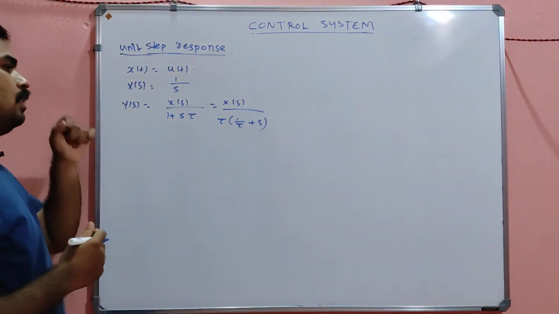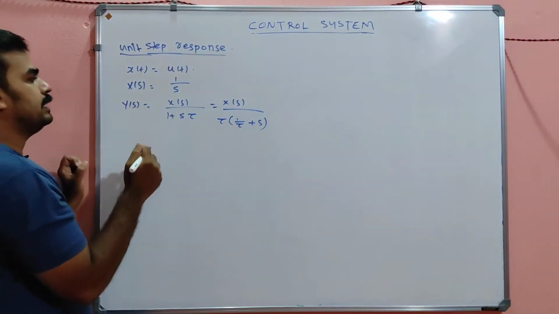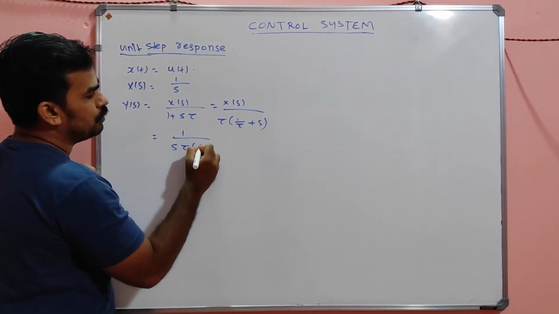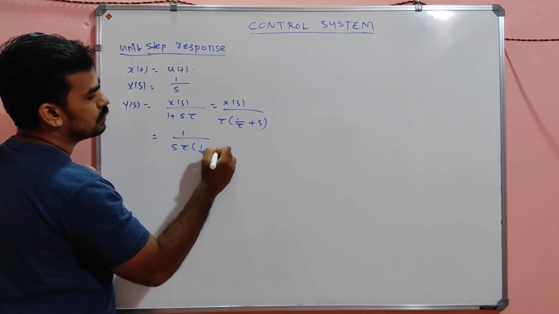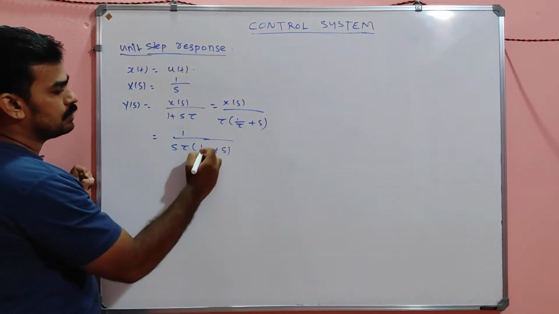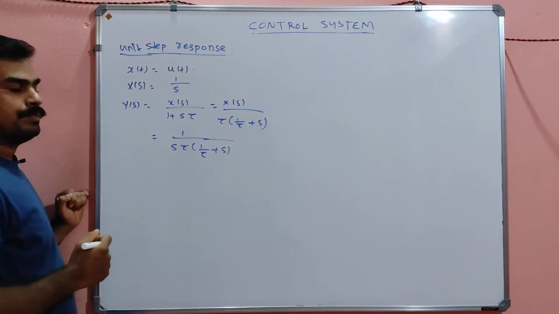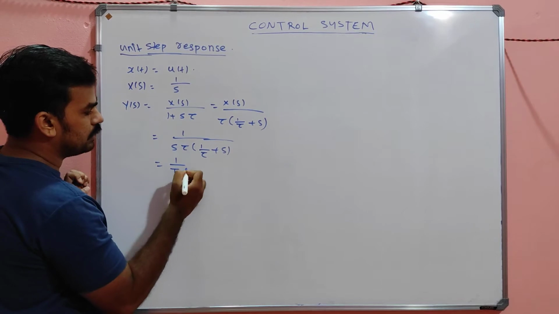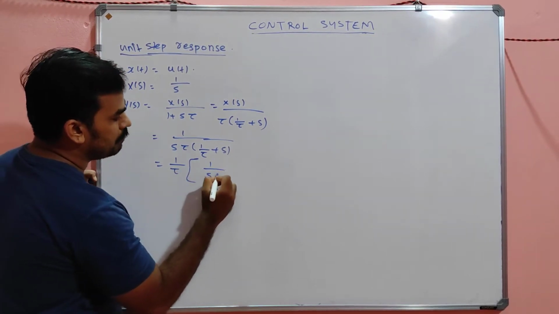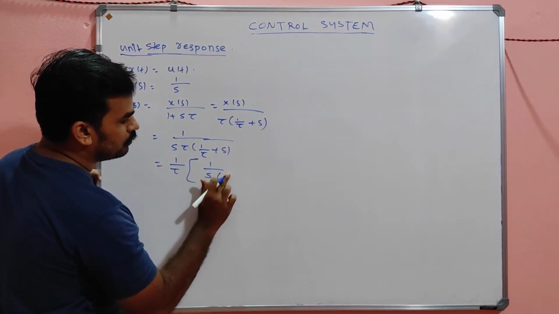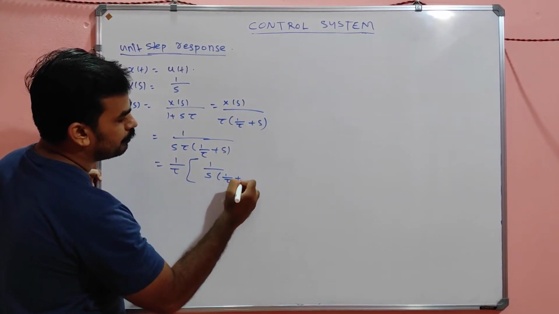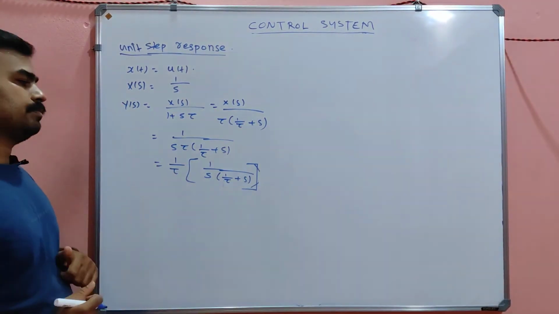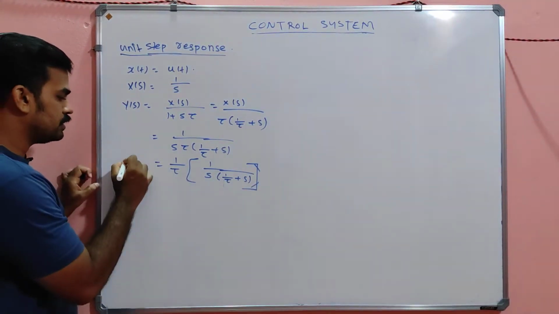So x of s is 1 by s, so it will be 1 by s into tau into 1 by tau plus s. Tau is a constant, so we can take 1 by tau outside, no issues there. Simply it will become 1 by s into 1 by tau plus s. So this is nothing but our y of s.